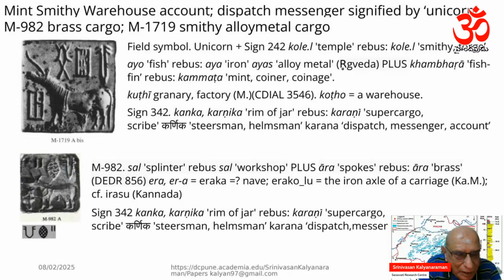More inscriptions. We have seen the previous inscription in front of the unicorn, the temple. Then another unicorn with three other symbols which we have seen before. M1982. It has Sal splinter, Sal workshop, Ara spokes, or Sark, water wheel, or Arka, copper and gold. Ara could be brass, so it can be brass or iron or copper and gold.